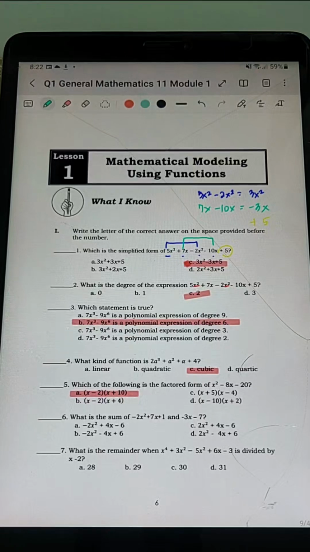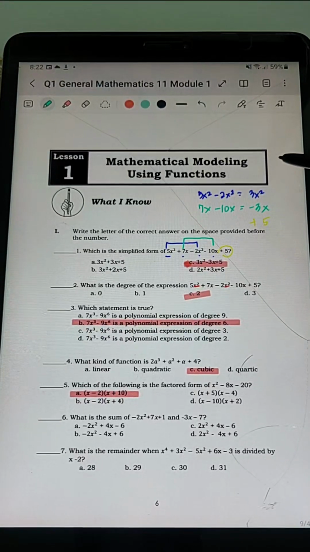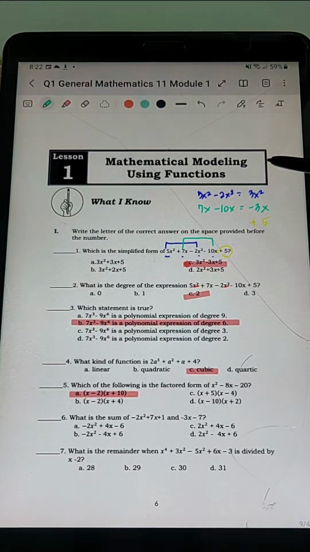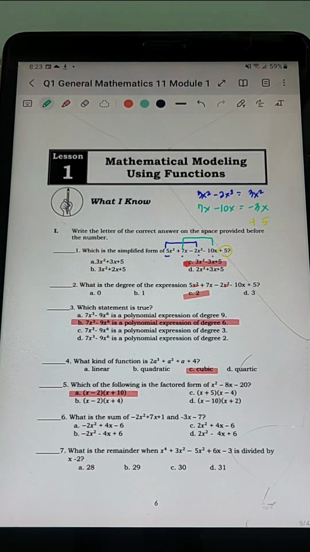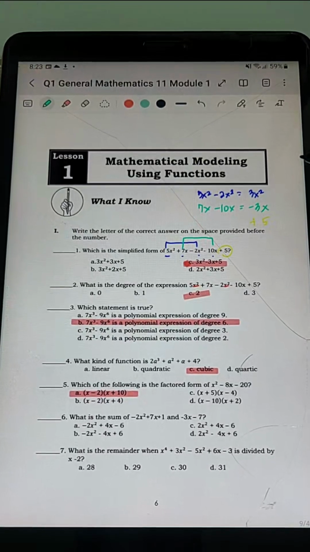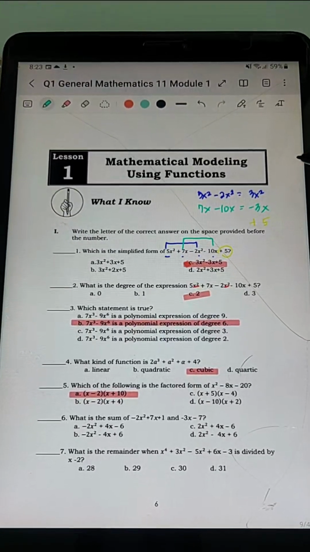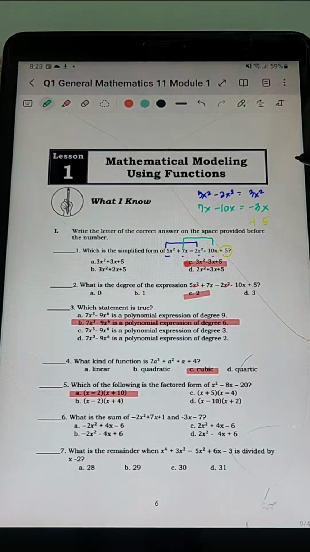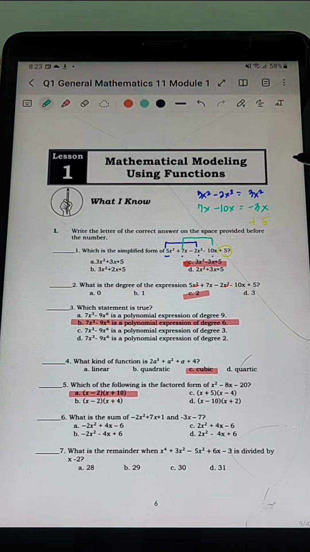Okay, let's proceed to number 6. So in this number, we just have to combine the two polynomials. But take note that when we combine polynomials, we have to combine the terms, and we cannot combine terms that do not have the same degree of exponent. So you still need to check the degree of the term.